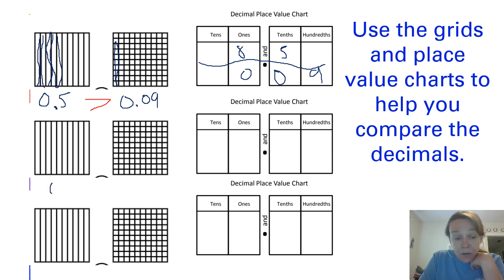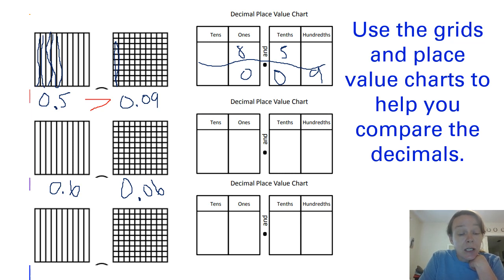All right, let's try another one. Okay, so now we're comparing 6 tenths and 6 hundredths. Again, I don't want you to say, well, they're both 6s, they're equal. No, boys and girls, they're not equal. The 6s are not in the same place value.